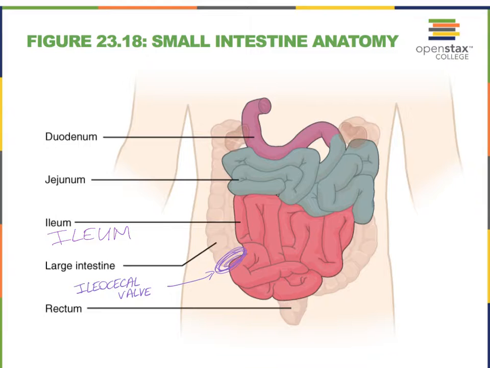But the very first part of the large intestine is this sac-like structure, which we call the cecum. The cecum will then turn into the ascending colon. We're going to then see the transverse colon, the descending colon, etc., as we'll see later on.